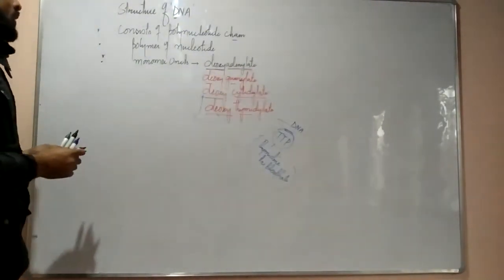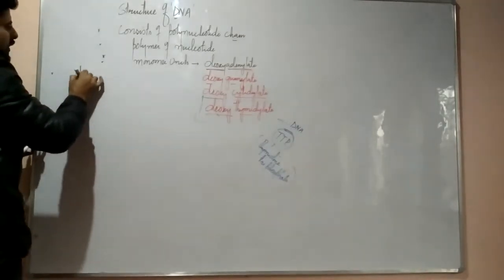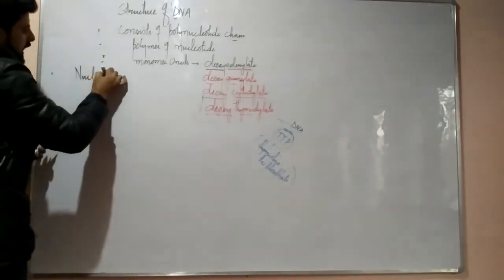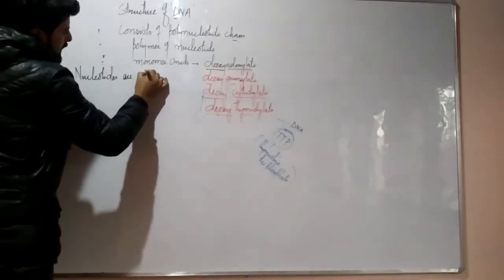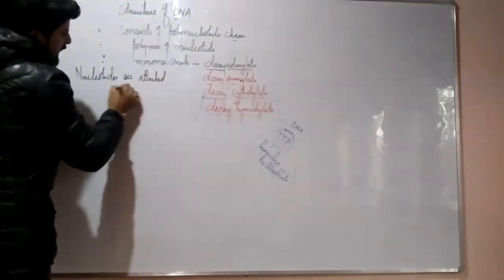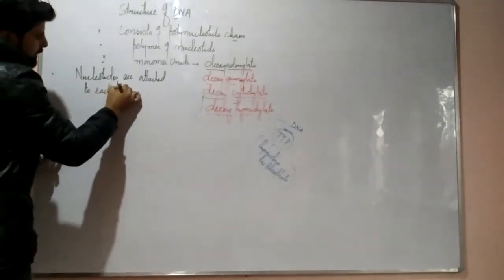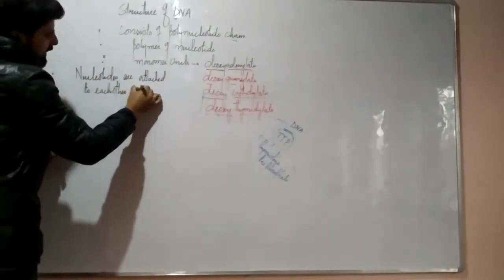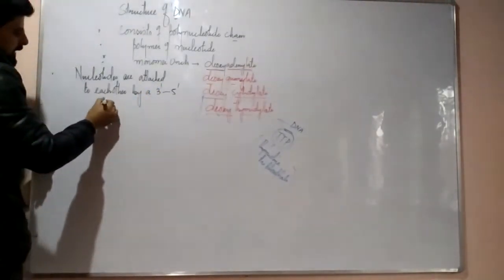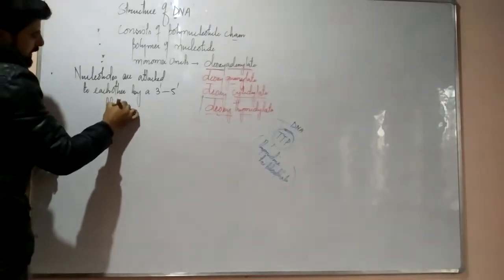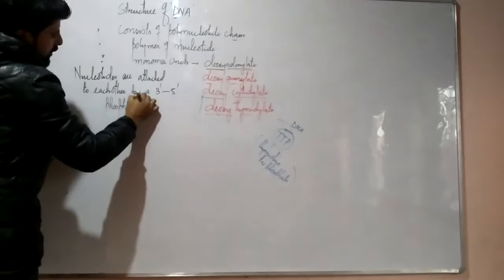Now we have the most important thing, that is nucleotides. Nucleotides are attached to each other by a 3'-5' phosphodiester bond.